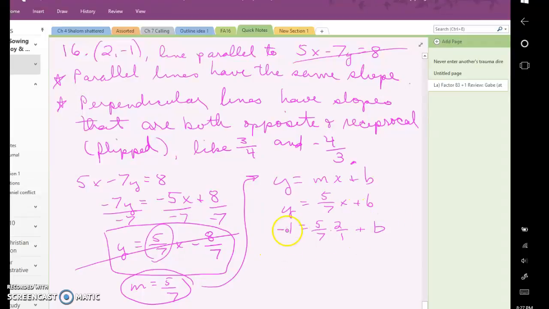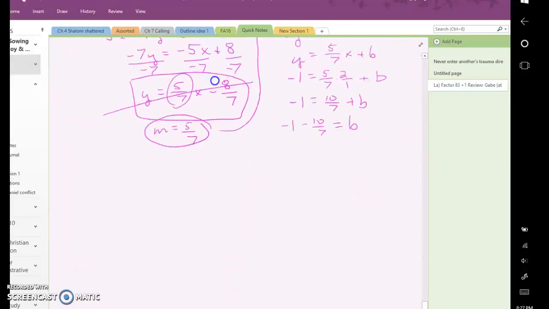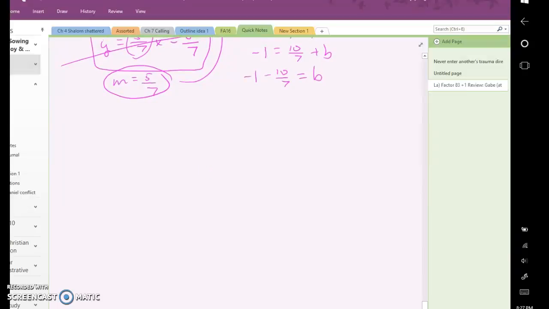Okay, now you see you have this equation, and the only thing you don't know is b, so you can solve for b. All right, we're going to multiply numerators and multiply denominators, and then we're going to subtract 10/7 from both sides to find b. Now of course, since we have a fraction, we have to convert the whole number into a fraction and find a common denominator, which would be 7, not 10, and multiply it.